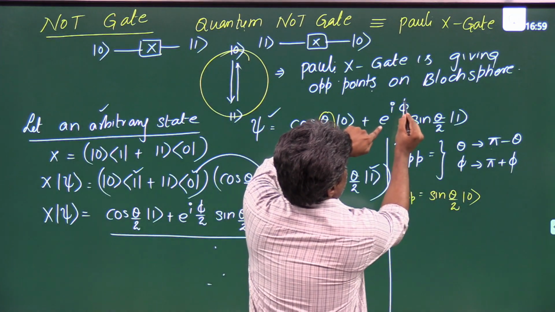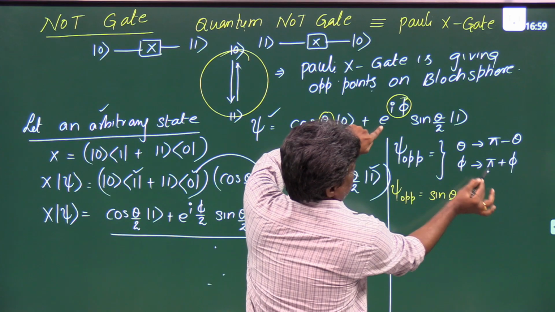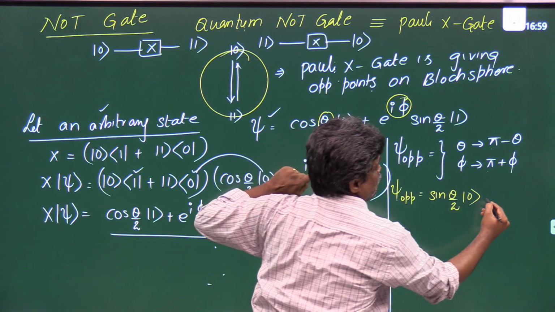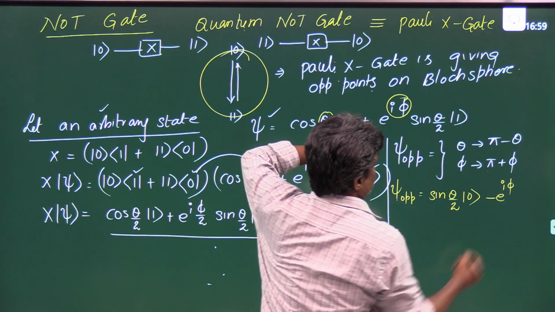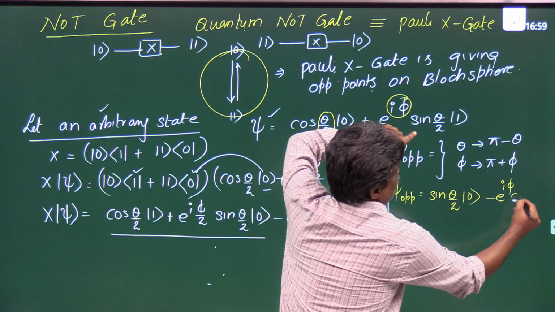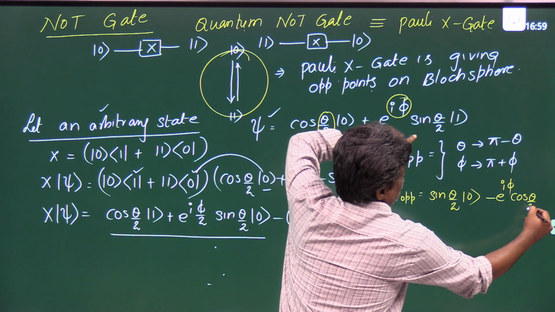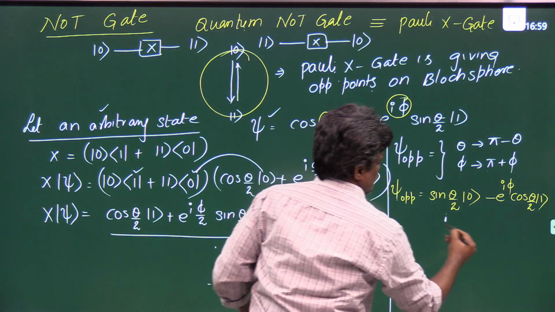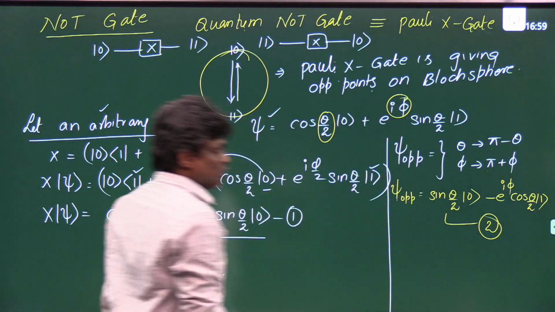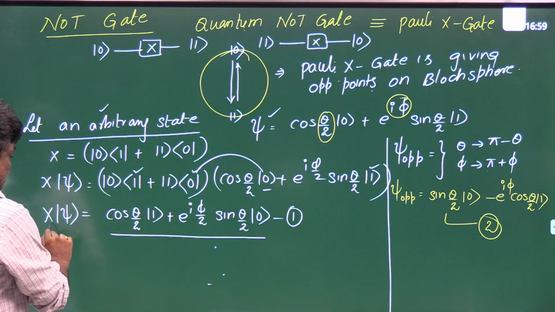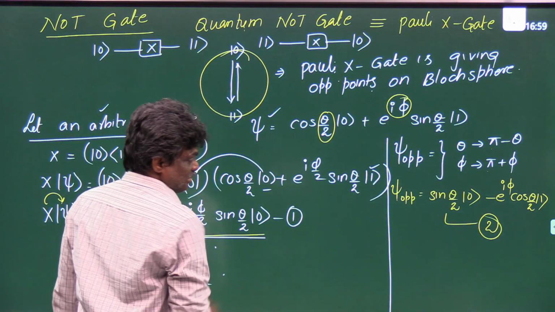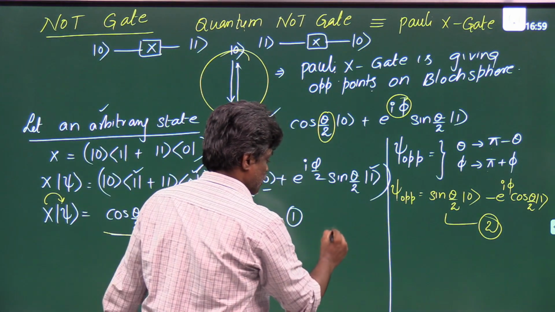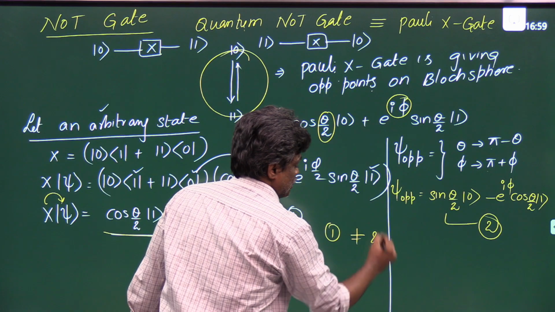Next, e raised to i phi, so take this and substitute. e raised to i pi plus phi, I am writing directly, and sin theta by 2 will become cos theta by 2 for the coefficient of 1. So this is the opposite point. But when the X gate operates on the state, you are getting this. Are they the same? No. One is not equal to two.